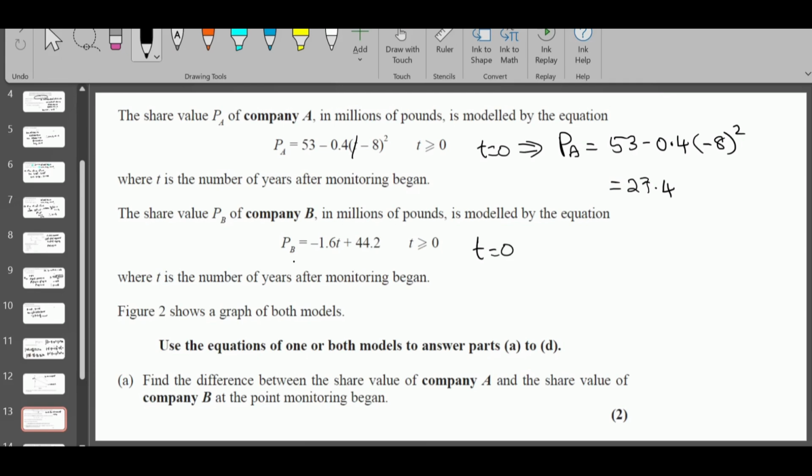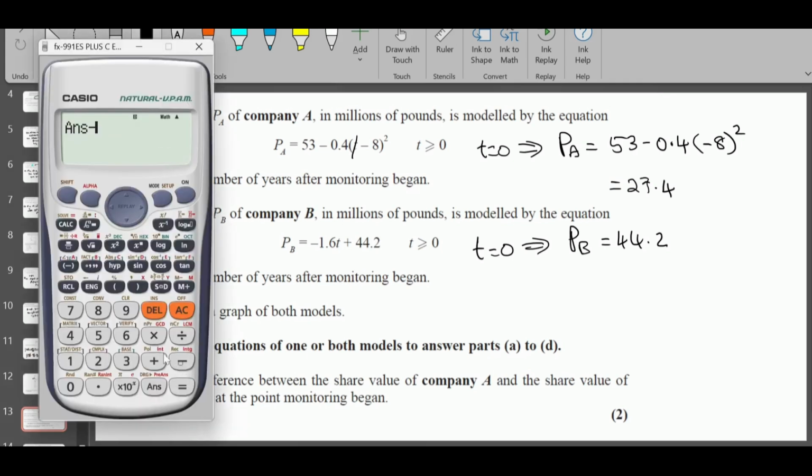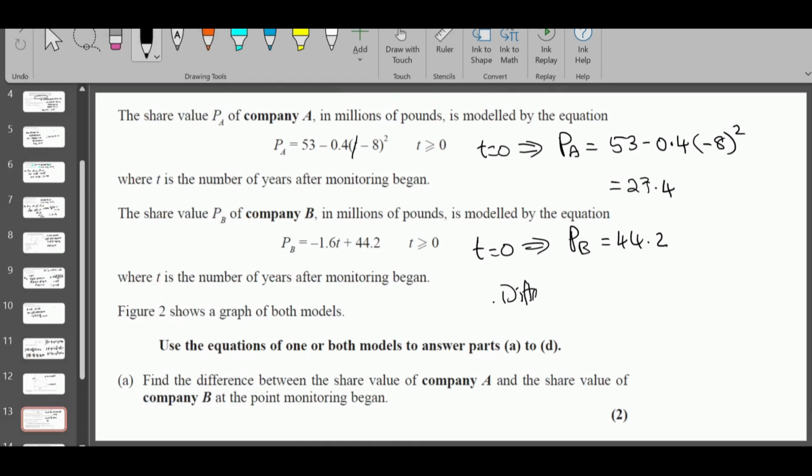Here when you put t as 0, PB is 44.2. Now find the difference. 16.8. So the difference is 16.8 millions of pounds. That's the difference. A 2-mark question.